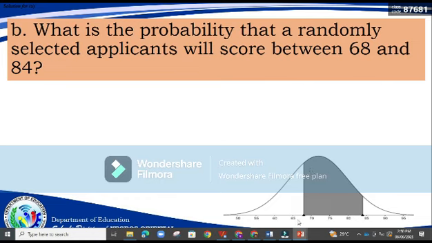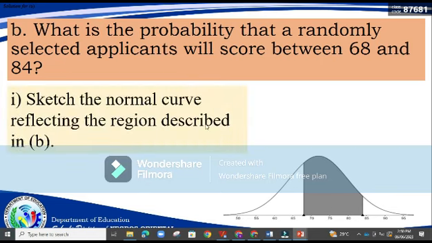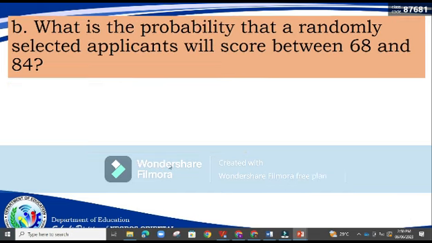So we're going to shade this part because we are asked to get the probability, or the area, between these two random variable values. Now sketch the normal curve reflecting the region described in B. So we have that already.